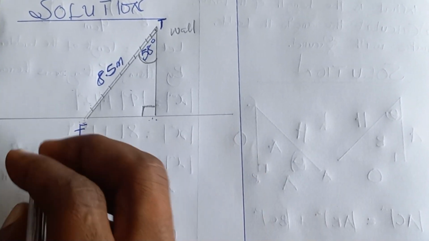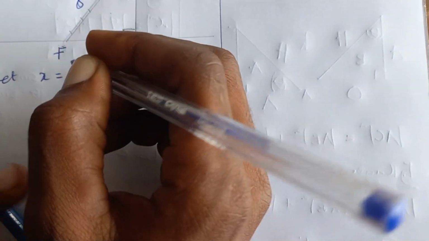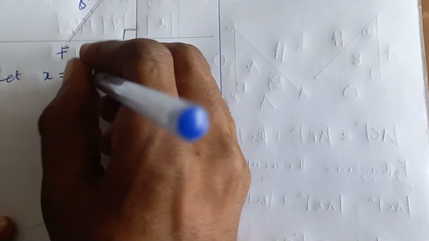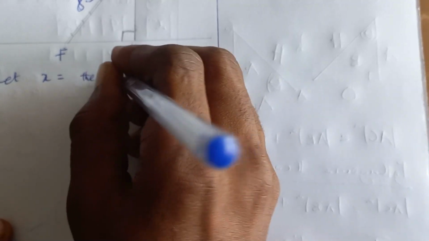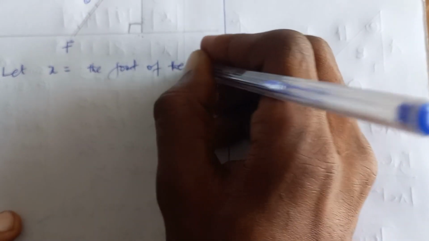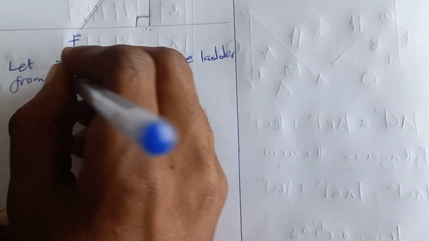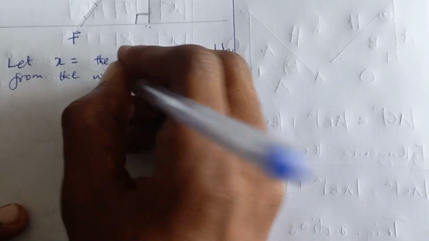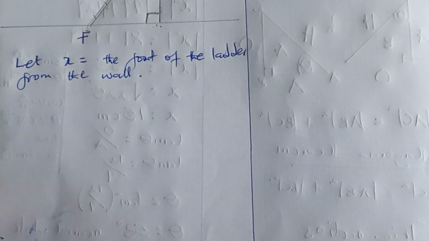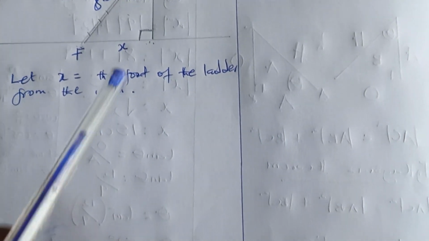So we can say that let x be equal to the foot of the ladder from the wall. So we can make here x. You can name it x.